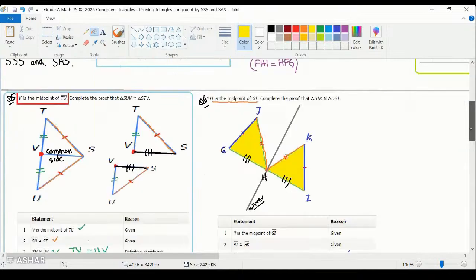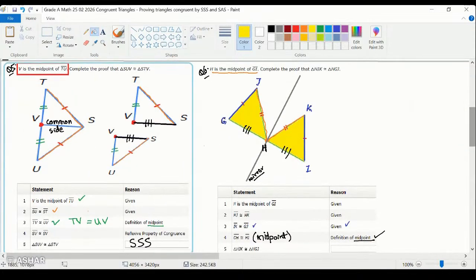Whenever we are doing a mirror image, these images are inverted, and they are known as the reflexive property of congruency.